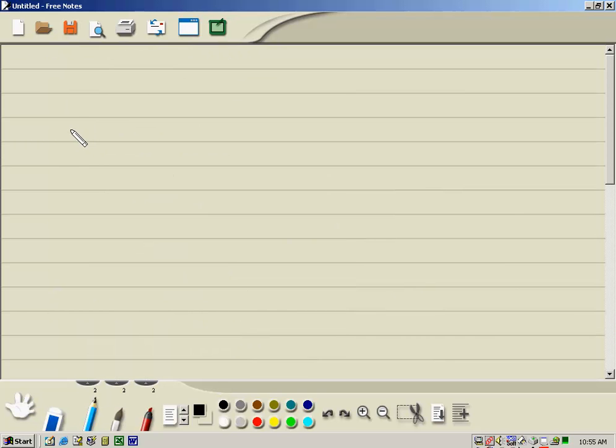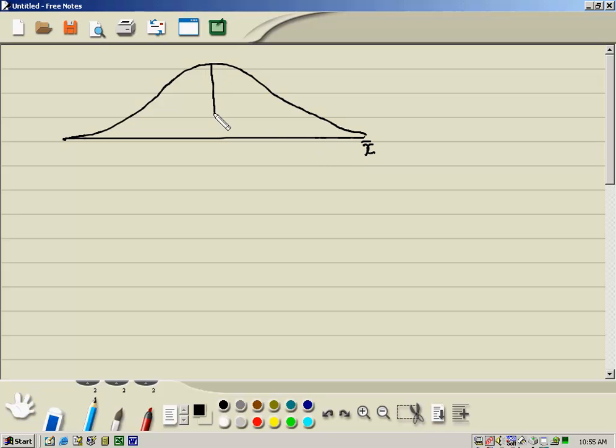Alright, so let's start a new page. New screen. Since we're going to do that, I've got to redraw the distribution. The distribution of x bars, all possible x bars. That was a hypothesized distribution anyway. The mean of that distribution is 15.